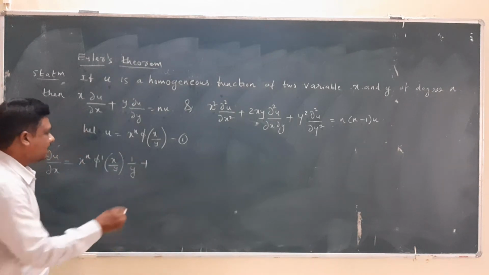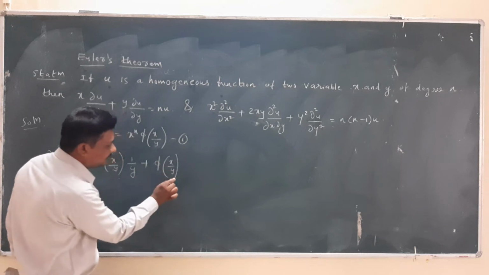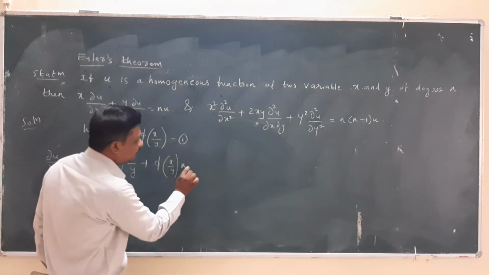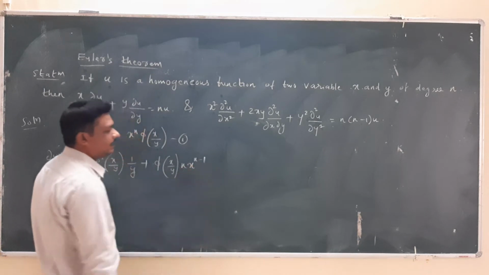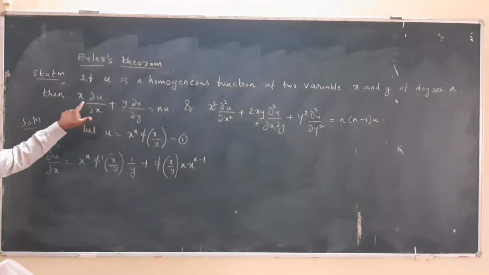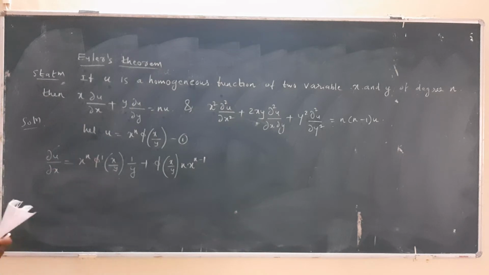Plus I will write φ(x/y) as it is, into the derivative of xⁿ, which is n xⁿ⁻¹. As per the result, here I need x ∂/∂x, therefore I will multiply by x on both sides.